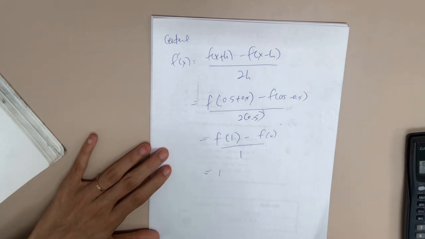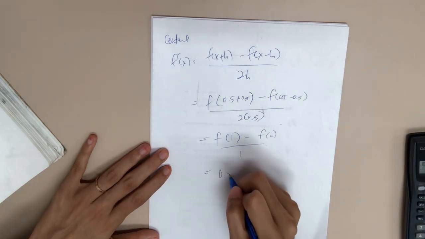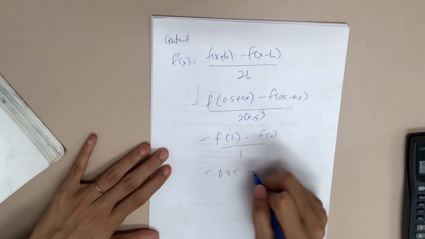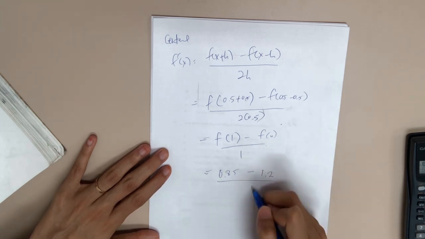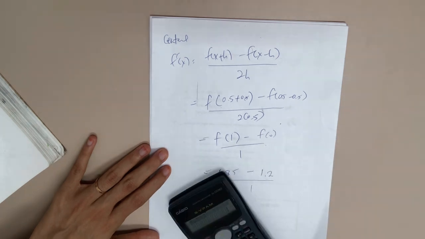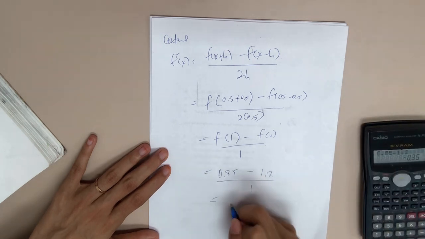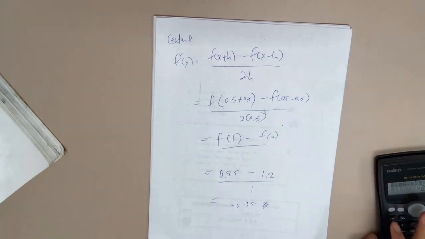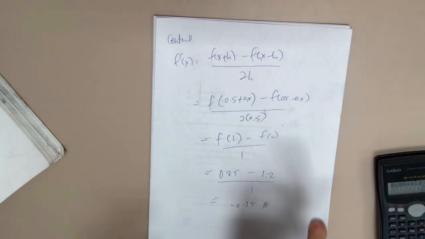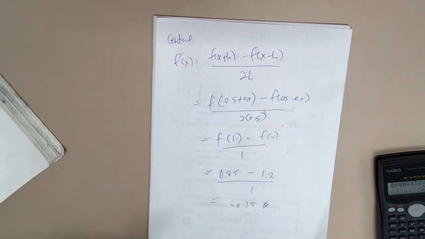F1 you already calculated just now, 0.85. And f0 will be 1.2, and then divided by 1. So you have 0.85 minus 1.2, which is negative 0.35. Okay, so you're done for forward, backward, centered of normal accuracy.